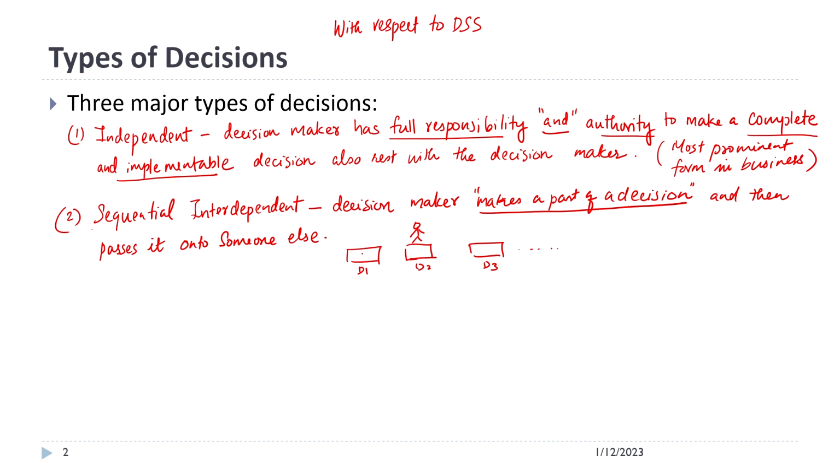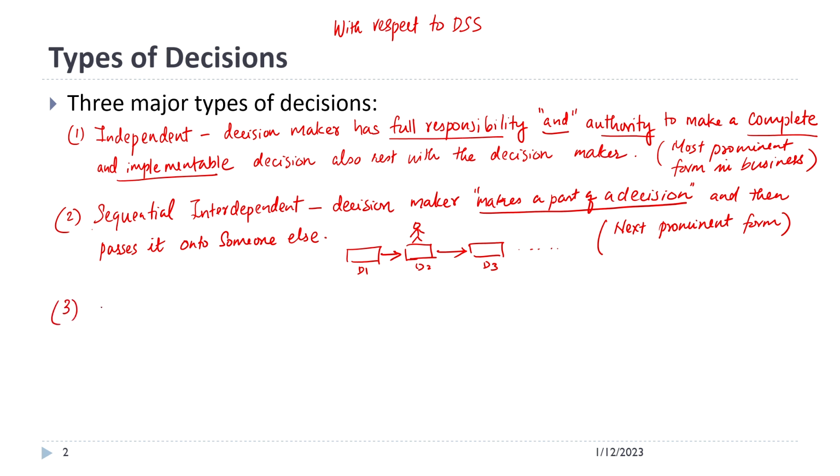Somebody else made the decision and passed it on, you make decision 2 and then pass it on to decision 3, somebody else will make the rest of the decision, and this chain continues. This is the next prominent form in business, after the independent one.